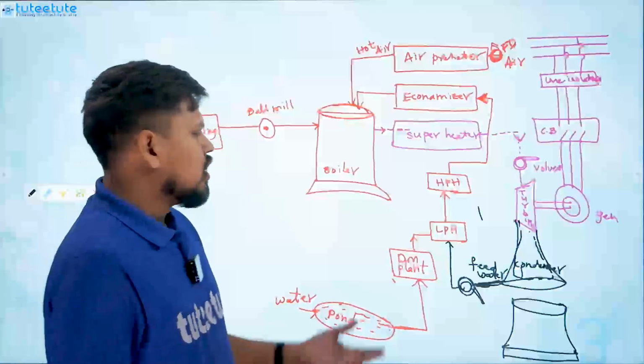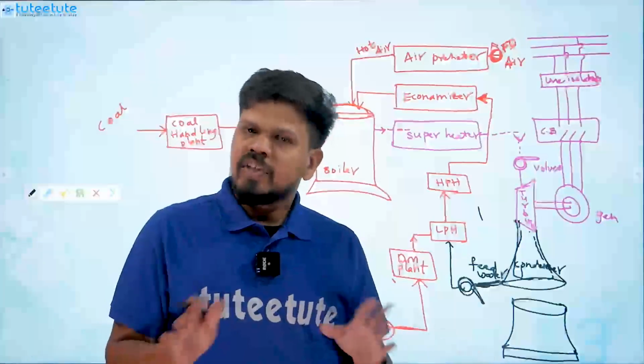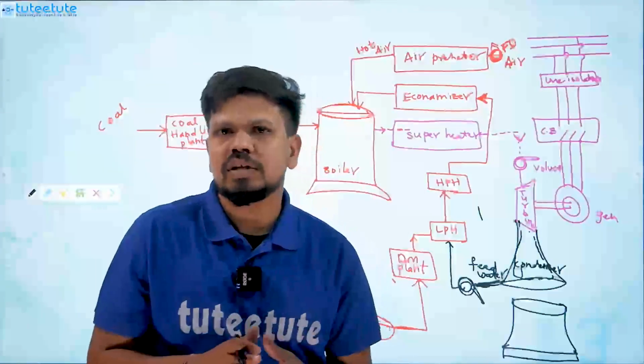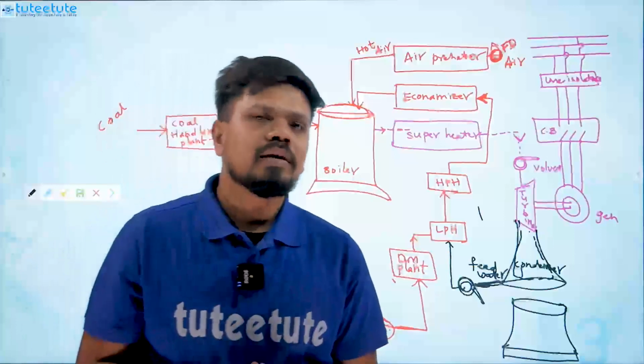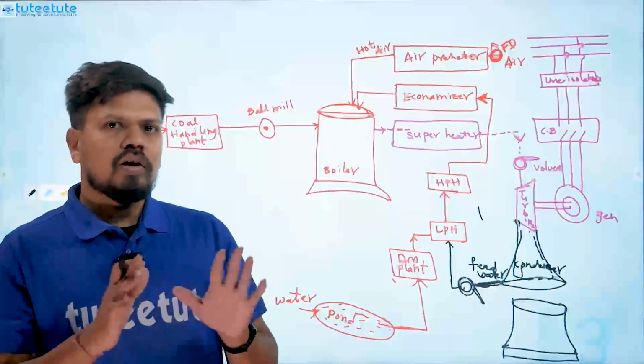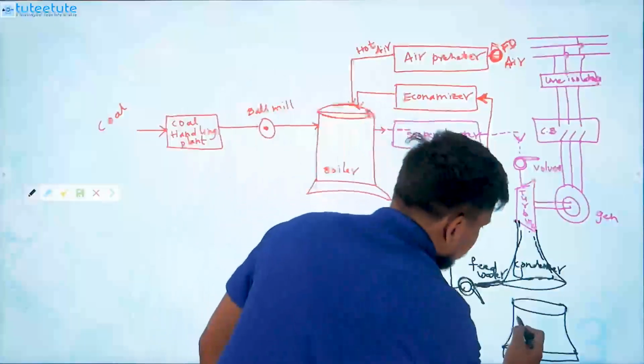Why? If cooling towers are not present, then the entire area near that, some 2 or 3 kilometer circle, will become very hot. That is very dangerous to the outside world. That's why we have to place some cooling towers.